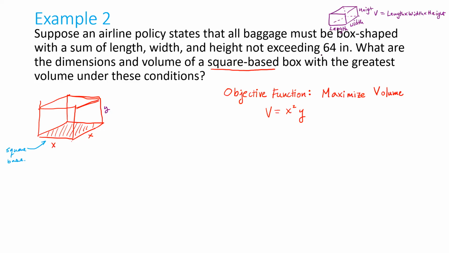Easy. But in this case, because it's got a square base, the dimensions of the base are x by x, and the height is y, so x squared y. But again, we notice it depends on the y variable, so we want to try and write this in terms of a single variable. That's where our constraint comes in.